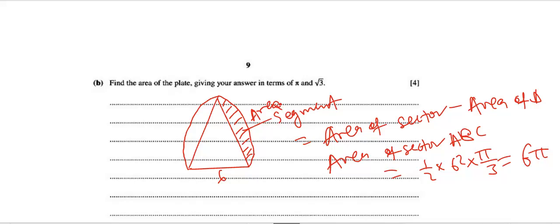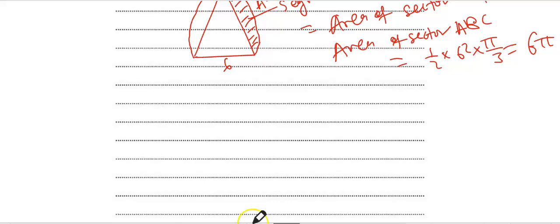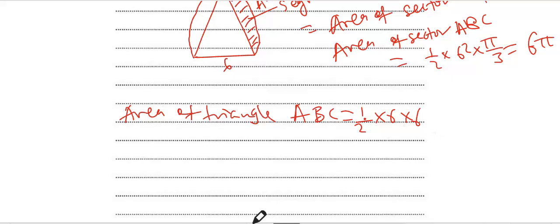Now, if that is 6 pi, what is the area of this triangle ABC? Let's take this up. So, area of triangle ABC is going to be a half times 6 times 6 times sine of that angle, sine pi over 3.